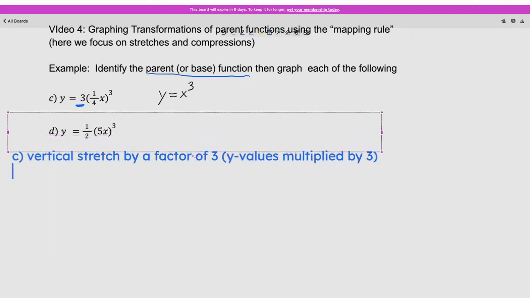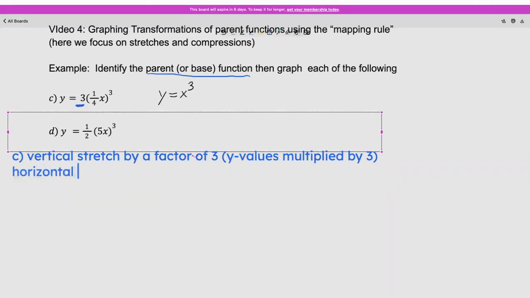Next, inside of the brackets, you see a quarter in front of the x. You will do the opposite of that. Even though the equation says a quarter, we are going to think about multiplying x by 4. And when you multiply something by 4, you make it larger, and that's called a stretch.